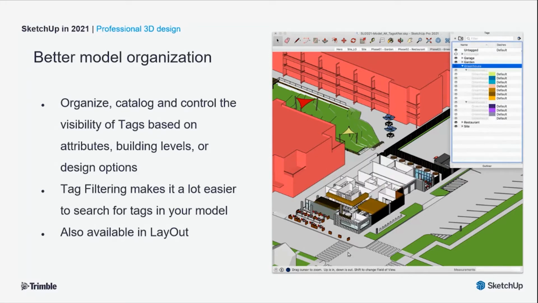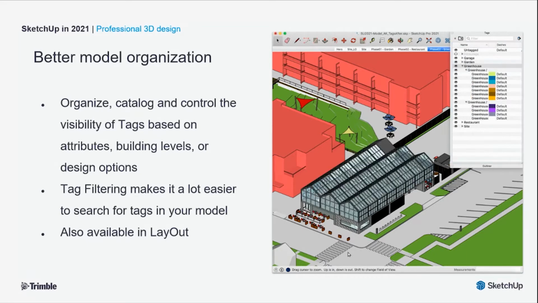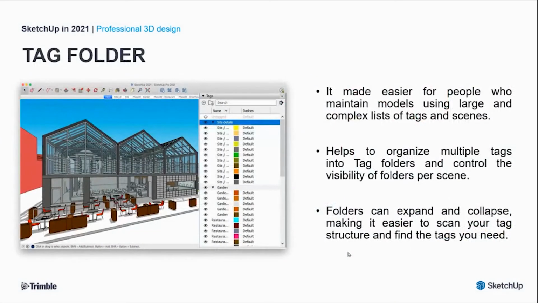So for those who are working with a list of tags, this new tag management system now allows better model organization. So you can organize, catalog, or control the visibility of these tags based on different attributes or building levels and design options, of course. And also, it's easier for people who maintain their model with large lists.